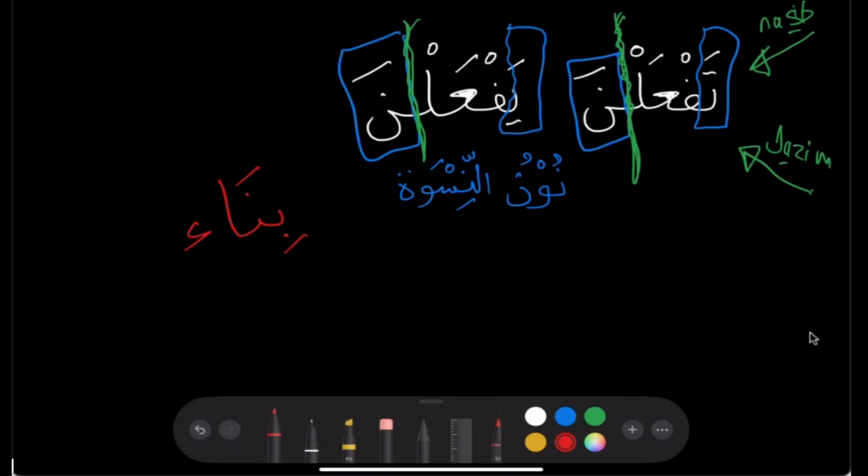So the rule is still true. Dammah is a sign of Rafa for the fi'l mudari' as long as it doesn't have a suffix. So they said it in a broad way like that to include different scenarios. One scenario is the suffix is a pronoun that makes a noon come. Another scenario is that the suffix is actually a noon, which is the pronoun. Subhanallah.